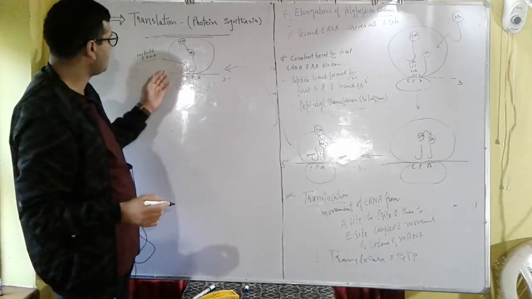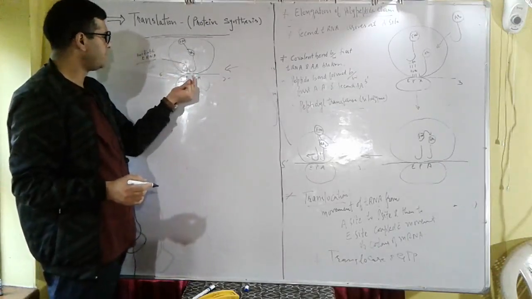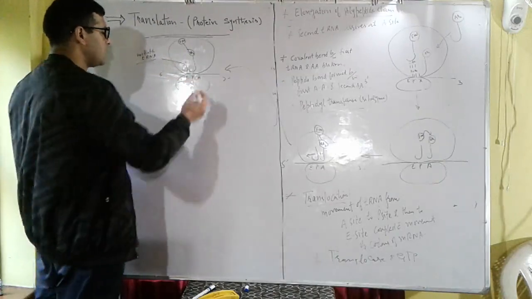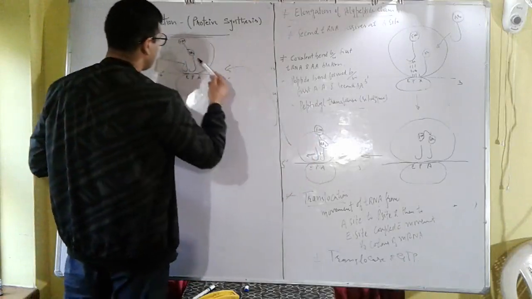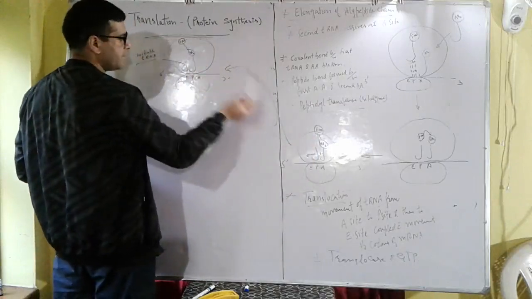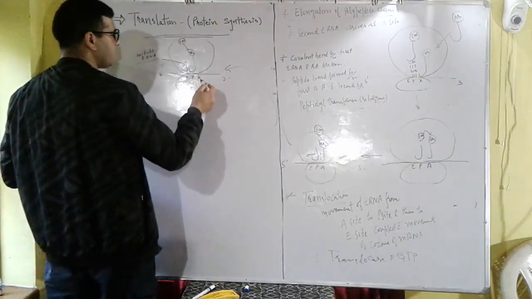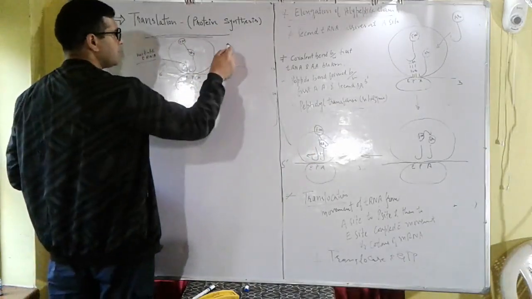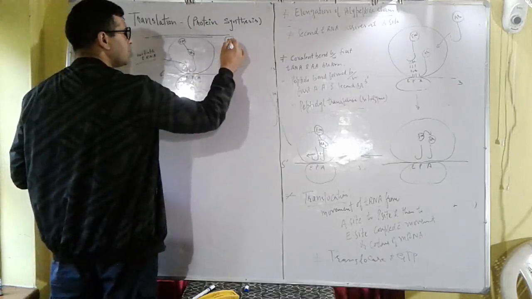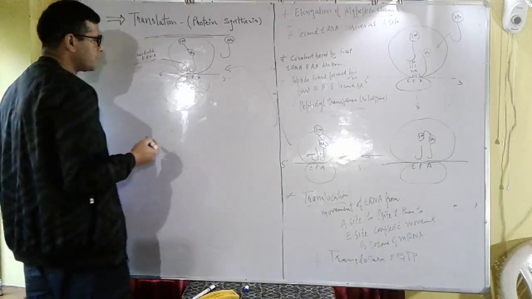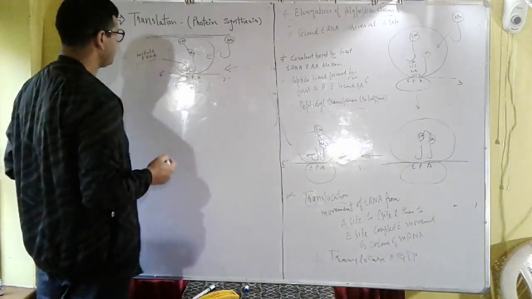Then it slips away from the ribosome. Then we have P site and A site. Now the second amino acid was just carried. Then the third amino acid will be carried by the tRNA at the A site. So this is next amino acid third, which will come at the A site.